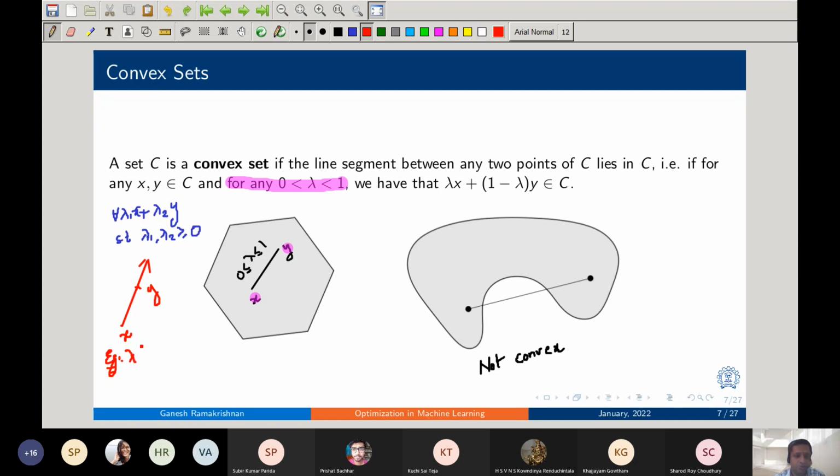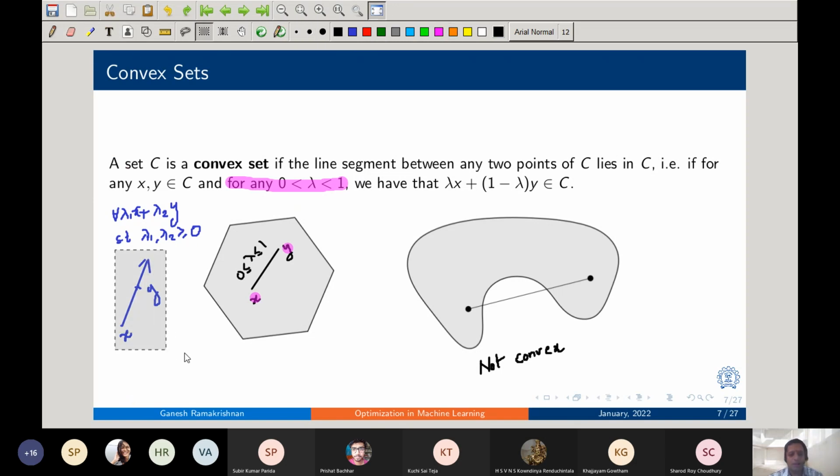That's exactly the ray here. But I can give you other combinations of lambda1 and lambda2. Let's look at a specific case. A specific case of this would be when I have x here, y here, the same x and y. In fact, let me just copy it.